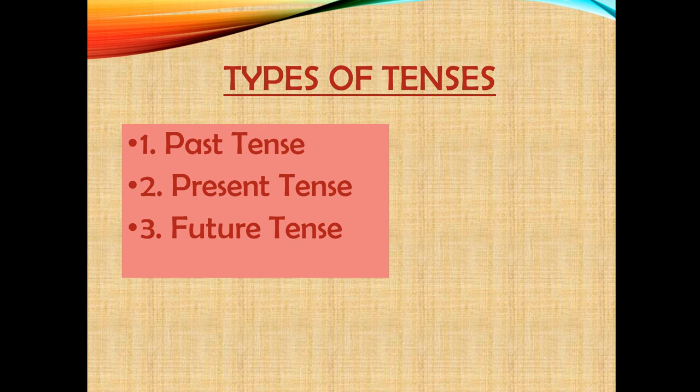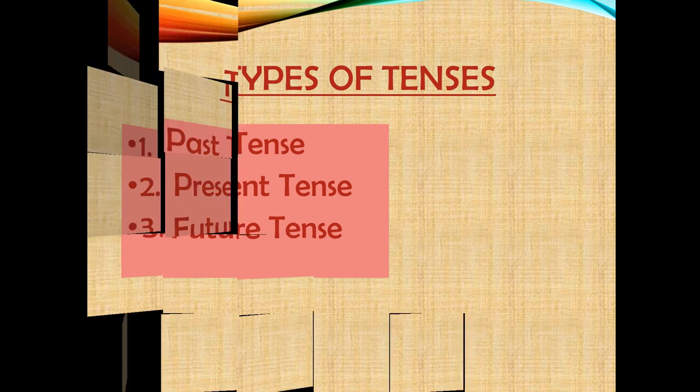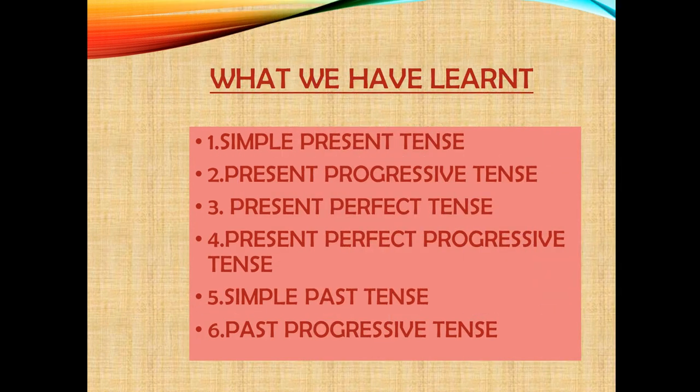Now basically there are three types of tenses: past tense, present tense and future tense. We have discussed this in our previous video. Till now, we have learnt about simple present tense, present progressive tense, present perfect tense, present perfect progressive tense, simple past tense and past progressive tense.